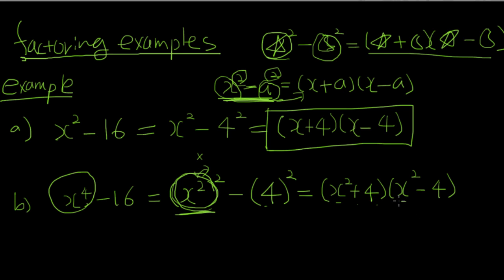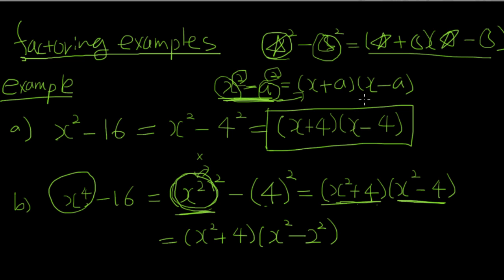However, if you take a look at this closely, this can be factored one step further. So I can rewrite this as x squared plus 4. The first part can't really factor anymore, but the second part can be rewritten with 4 as 2 squared, like that.